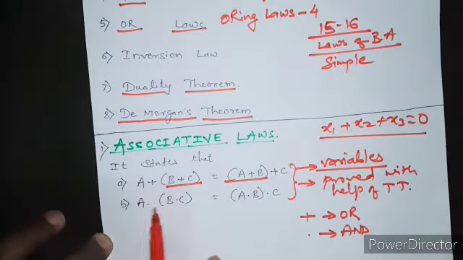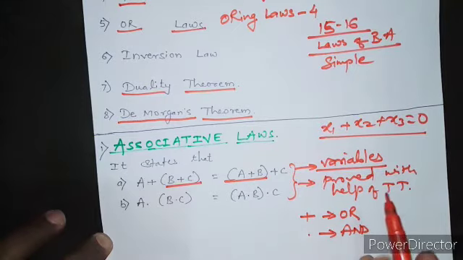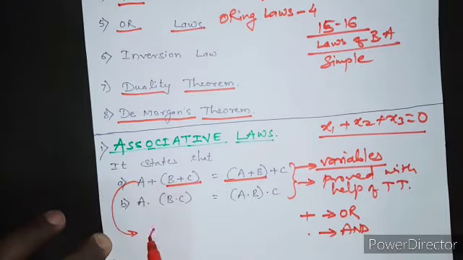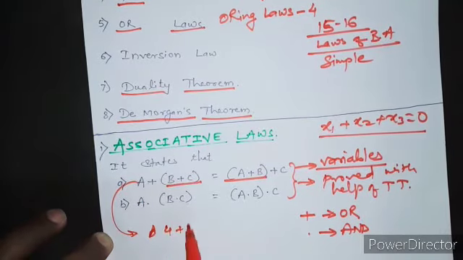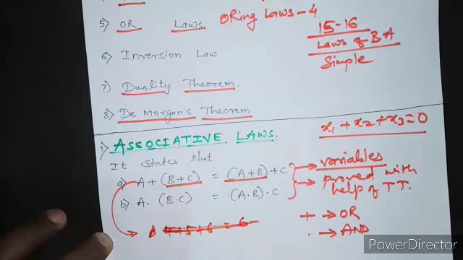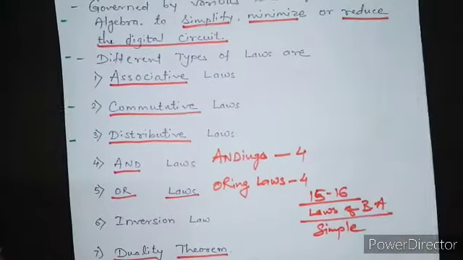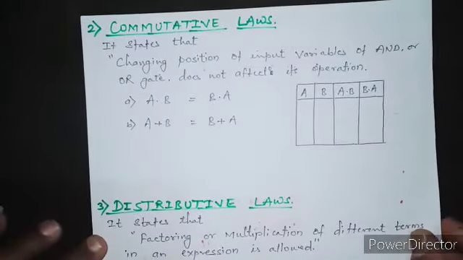So A dot (B dot C) equals (A dot B) dot C. So I hope this is clear for you. Very easy law it is.